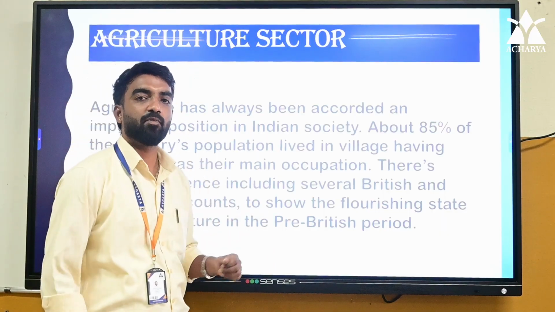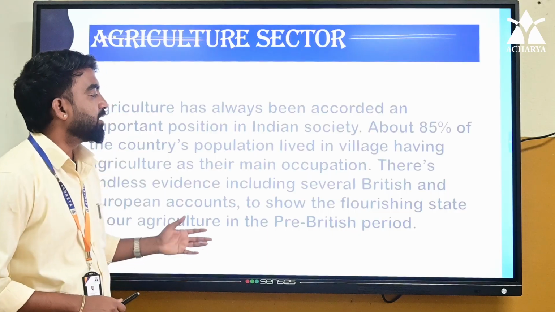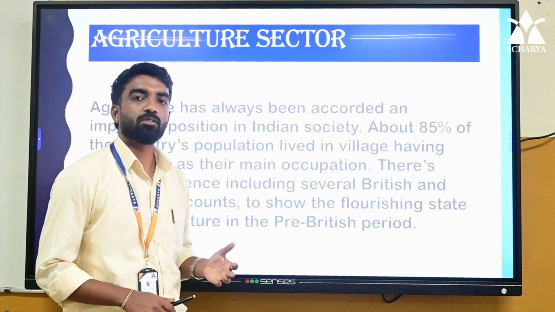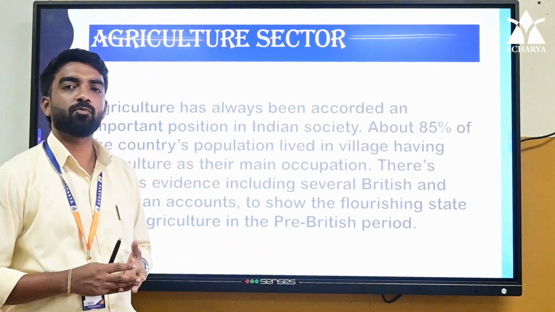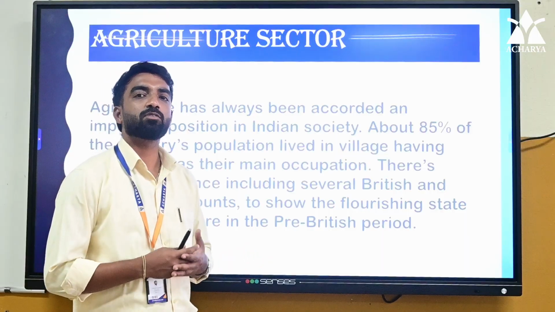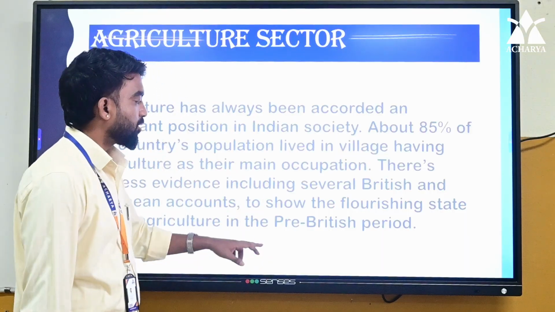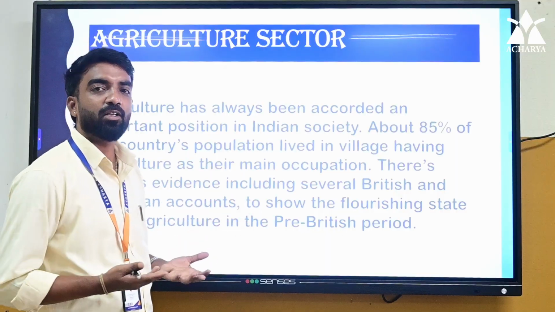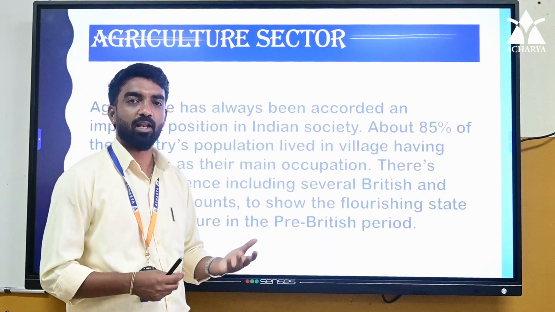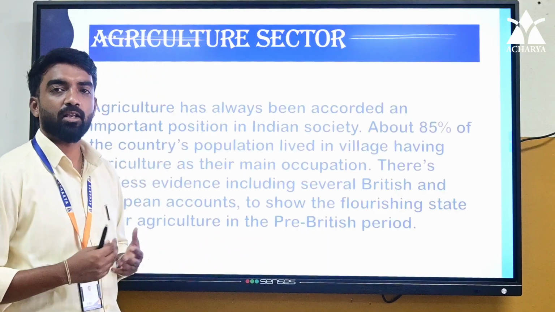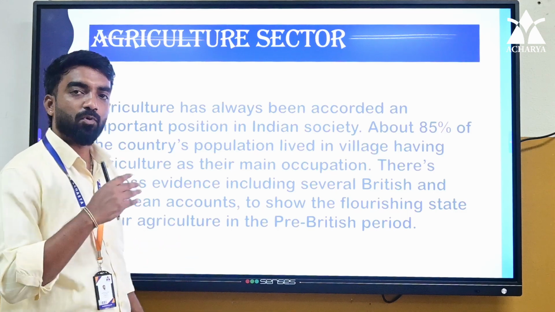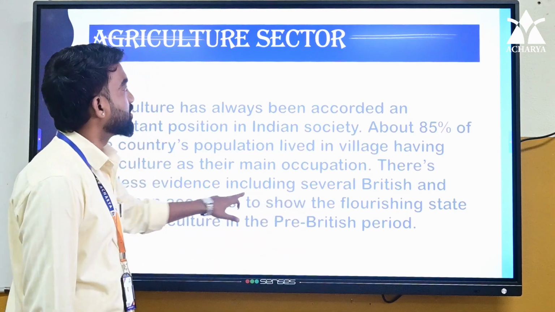There are numerous evidences that before the advent of the Britishers or the Europeans, Indian agriculture was flourishing, meaning it was in a very good state. It was contributing more to the Indian economy or GDP. At that time we did not have terms to measure national income, but the Indian agriculture sector was in good state before the advent of the Britishers.